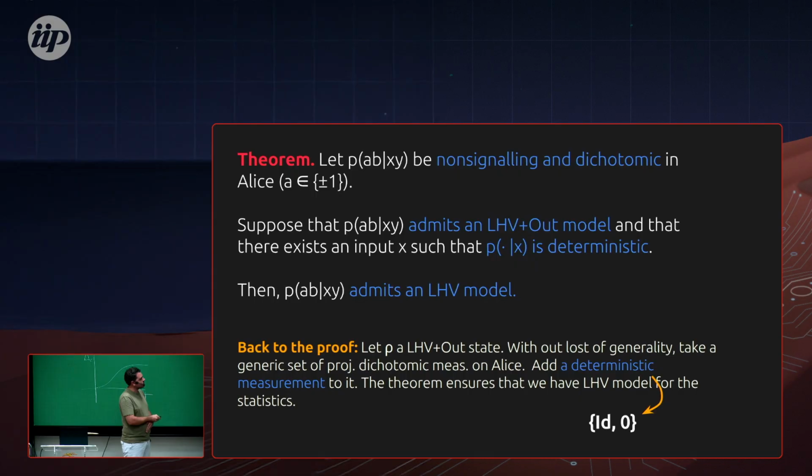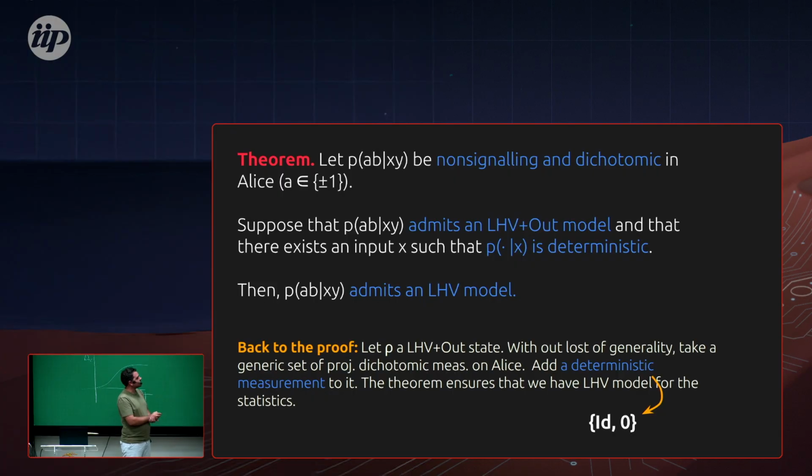So we start with a state which does have a LHV plus out model, and as on Alice's side you only have qubits, you don't lose any generality if you consider only dichotomic measurements. Then you start with a generic set of projective dichotomic measurements, and then you add a deterministic measurement to it. The deterministic measurement will be something like identity and 0.